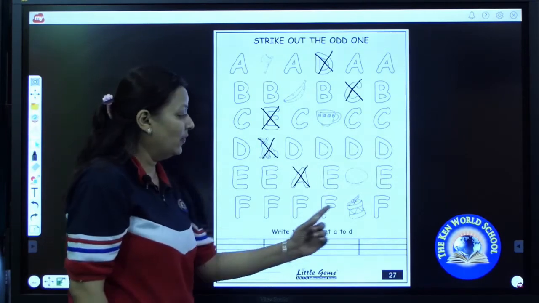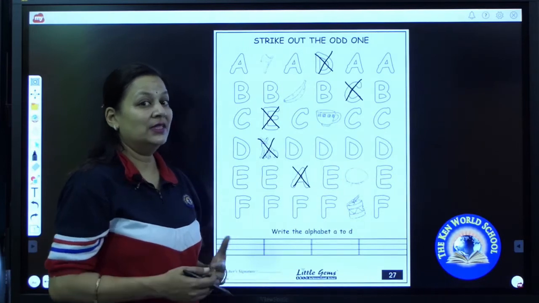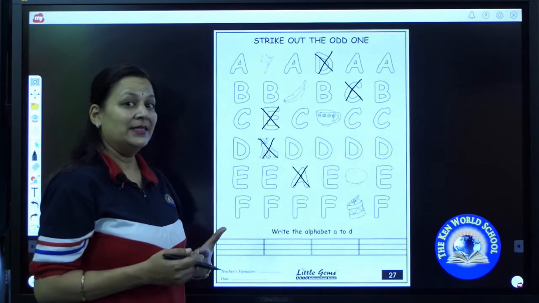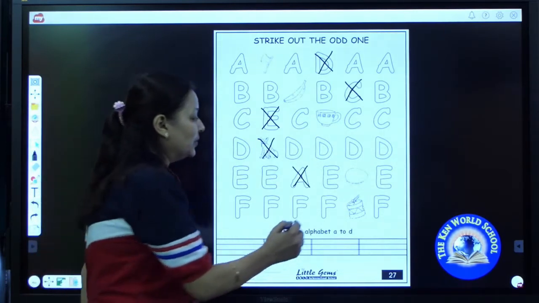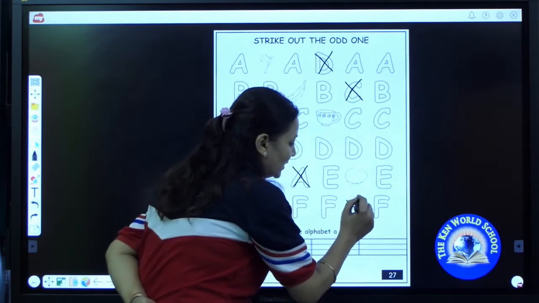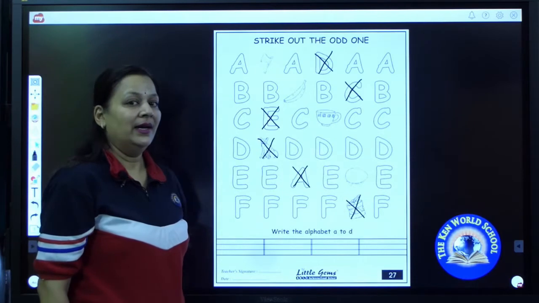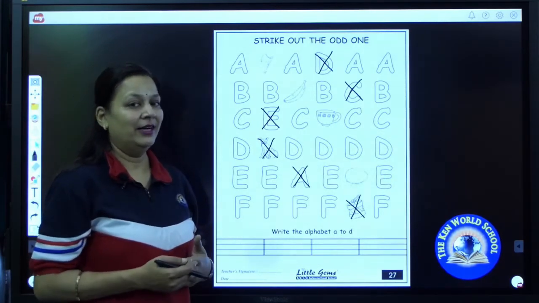This is the row of F and this picture doesn't belong to F. So it's D says D. D as in drum. So we have to put a cross over it. Now I have finished my activity. Have you all done? Great job.